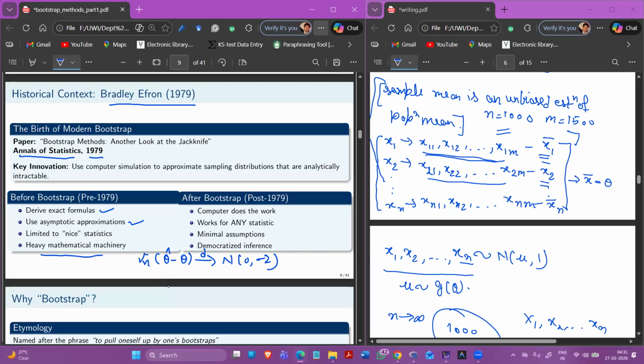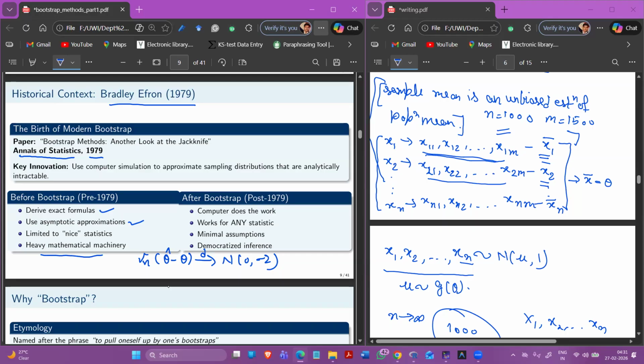But after this paper, the computer does the work. Instead of finding the exact formula or exact distribution, we can simply go for computation. We can generate samples from one sample again and again, as I showed you right now. So we did not need normality or a parametric form.